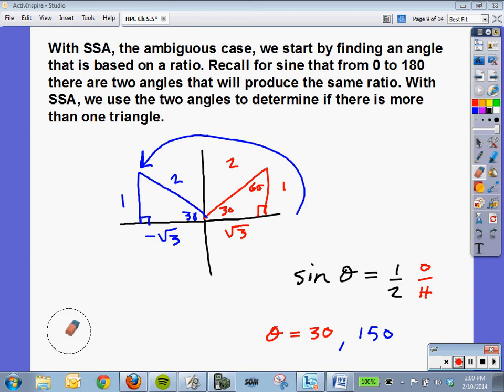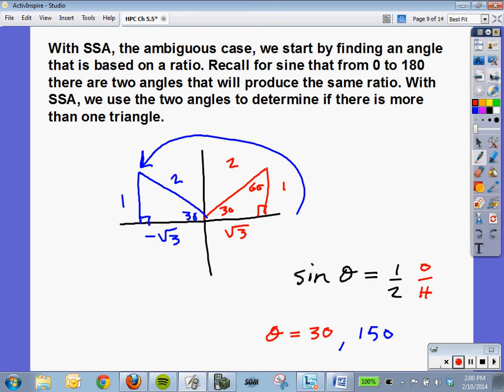So in other words, the sine of 150 is equal to 1/2. So which angle do we use? Both are within the parameters of a triangle. 30 degrees is within the parameter of a triangle, and 150 degrees is within the parameter of a triangle. Which one do we use? So that's where we're going right now, okay?